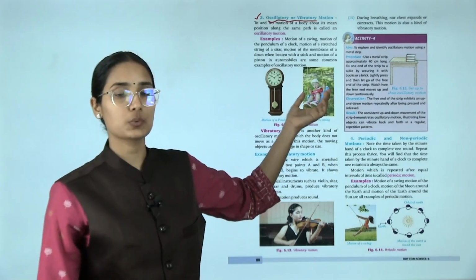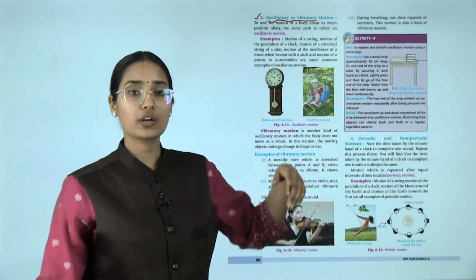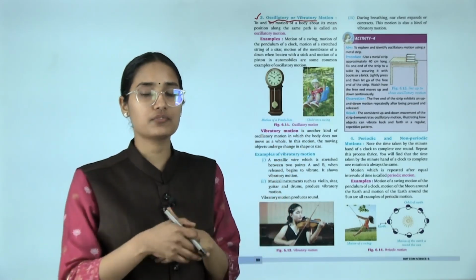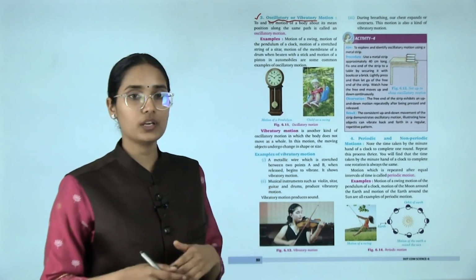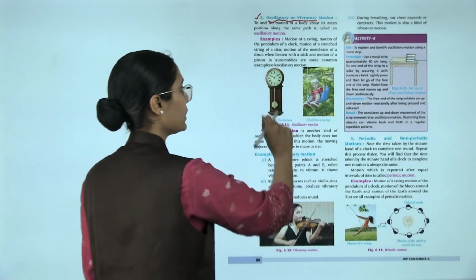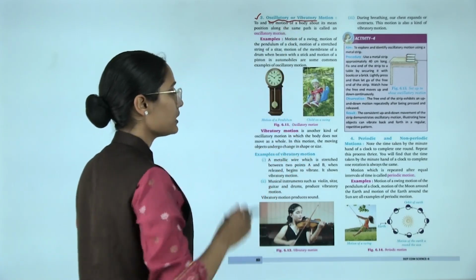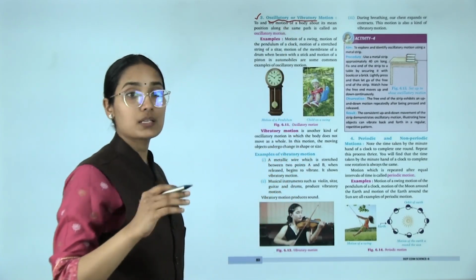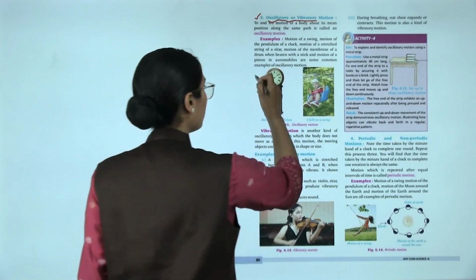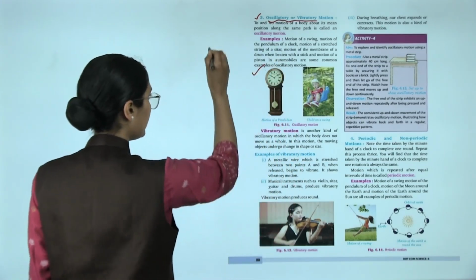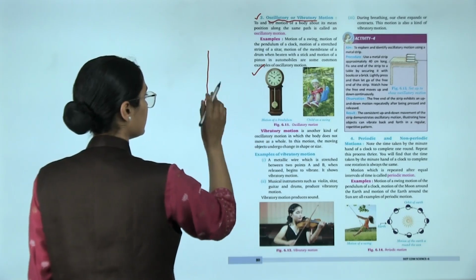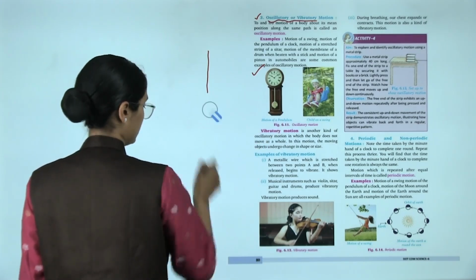Have you ever seen somebody swinging on a swing, or have you yourself tried a swing? This kind of swing shows oscillatory motion, right? It is oscillating. Similarly, we see it in a pendulum.